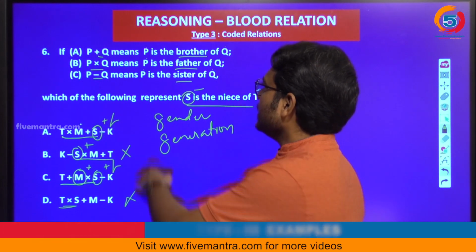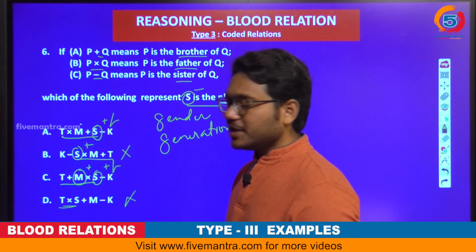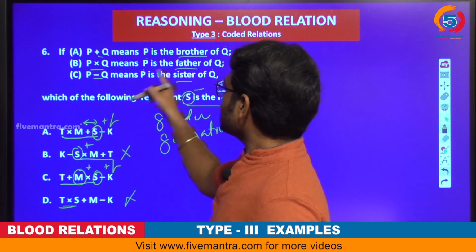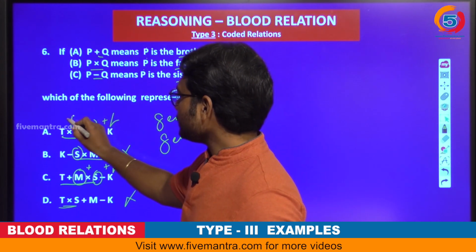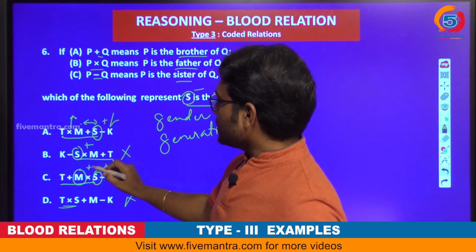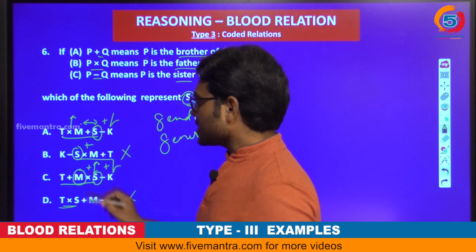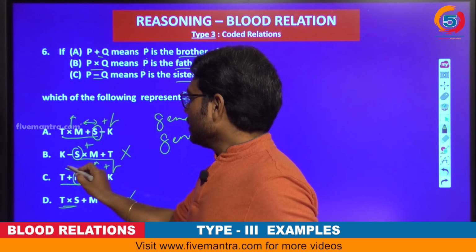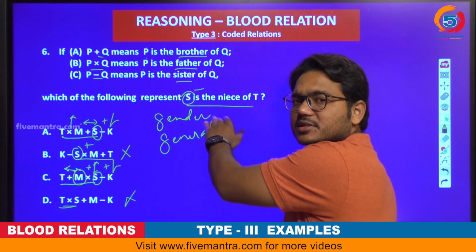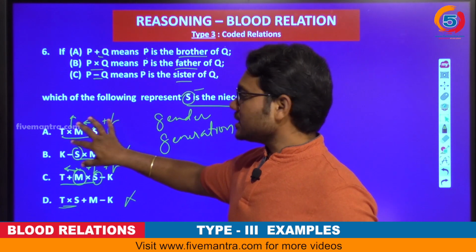M plus is nothing but M is the brother of S. If you identify the generation here, plus is the same generation, and in this problem cross is one generation above. So here niece indicates S is one generation below T. Here also we can see the generation difference.